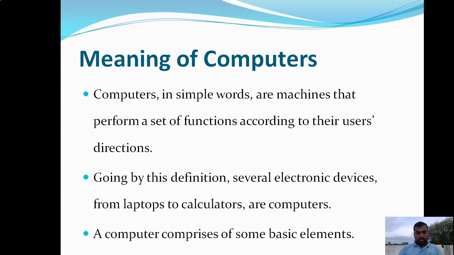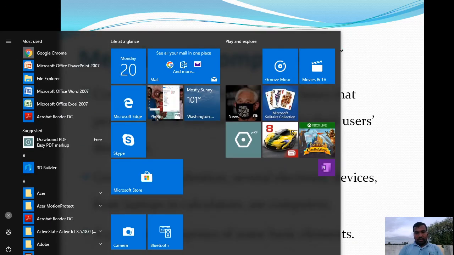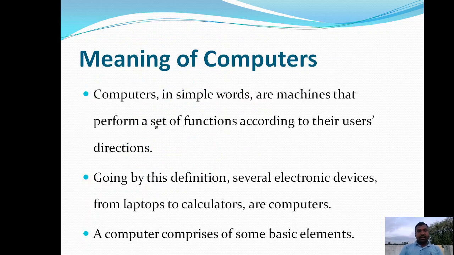So now, the meaning of a computer. First of all, we need to know what is a computer. In simple words, computers are machines that perform a set of functions according to their user's direction.